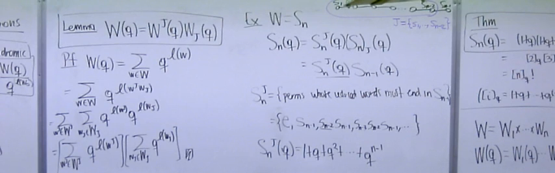So this is the beautiful theorem telling you about the enumeration of finite Coxeter groups. Every finite Coxeter group has a very nice Poincare series. Okay. Any questions about this statement?